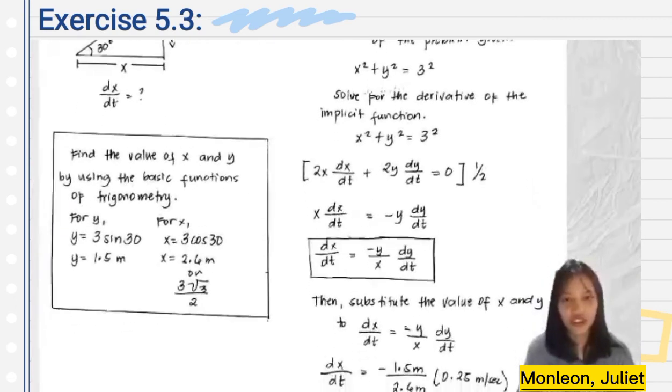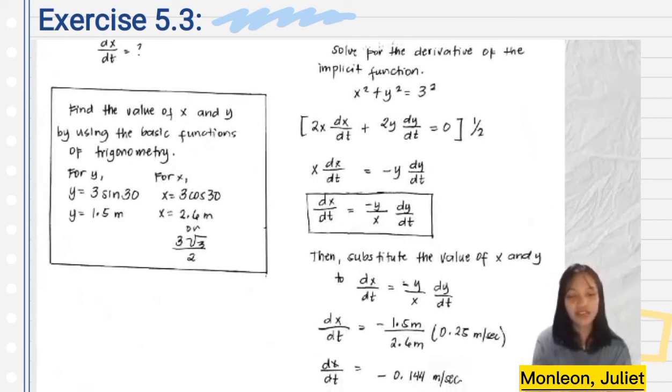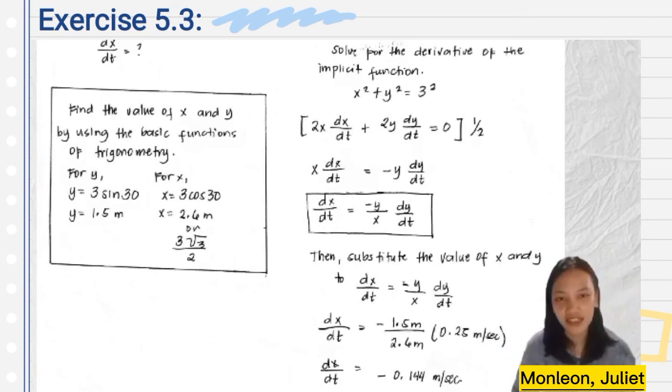So we have now the results, which is 2x times the derivative of x with respect to t plus 2y times the derivative of y with respect to t is equal to 0 times 1/2. So the whole equation, we will multiply it by 1/2. So we will cancel the 2, since we are going to multiply the given equation by 1/2.